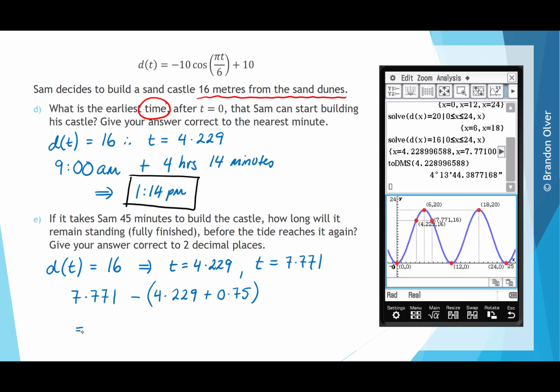So if we evaluate that, we find that the castle will remain standing for 2.79 hours, correct to 2 decimal places. So just to explain that, we have Sam starting to build his castle here. The tide then travels further away and then comes backwards and hits the castle, and that means that he would expect it to stand fully finished for 2.79 hours.